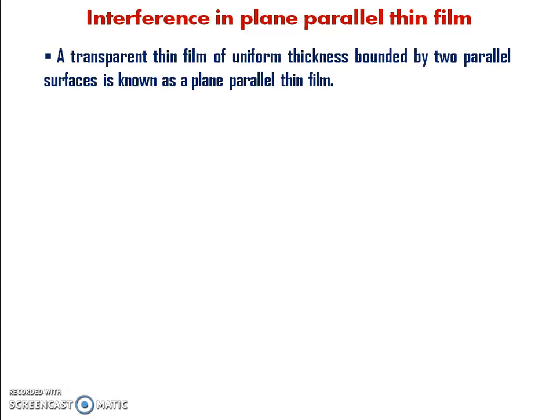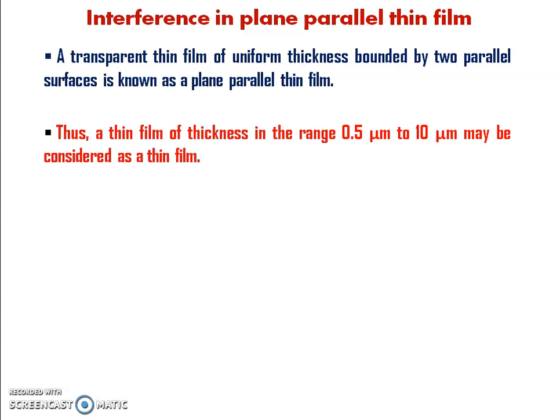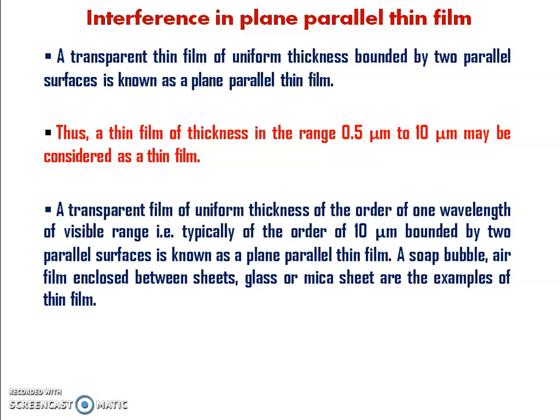Actually, a plane parallel thin film is nothing but a transparent film of uniform thickness which is bounded by two parallel surfaces. A thin film of thickness in the range of 0.5 micrometer to 10 micrometer may be considered as a thin film.